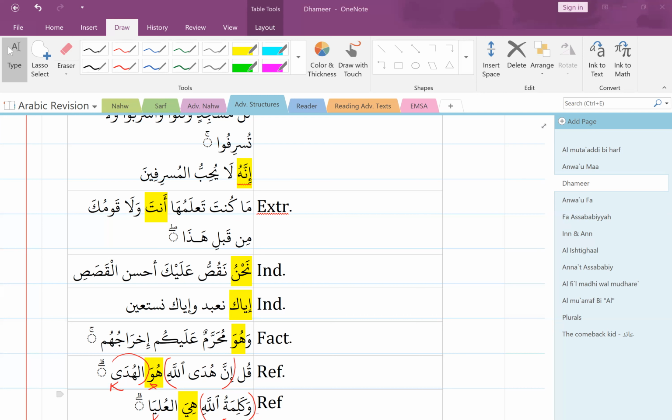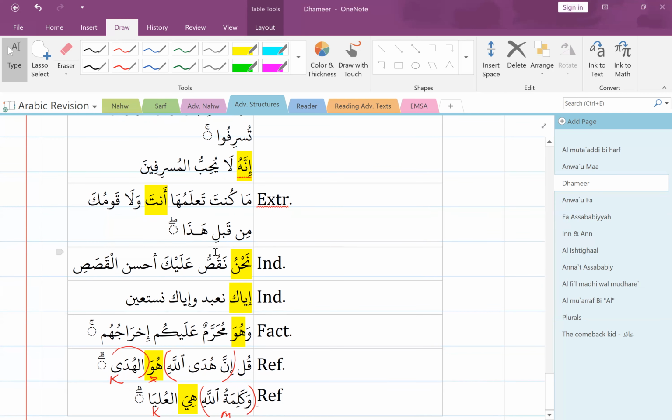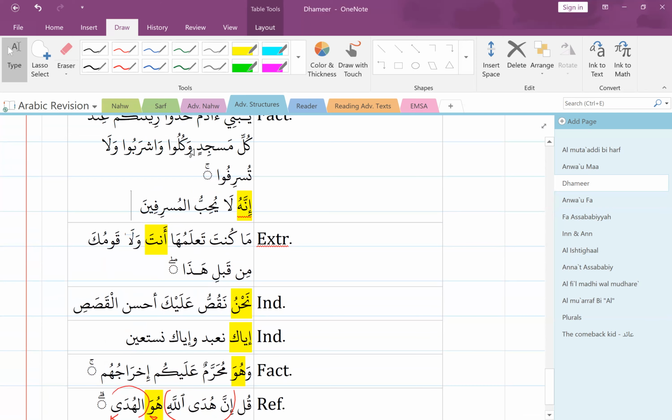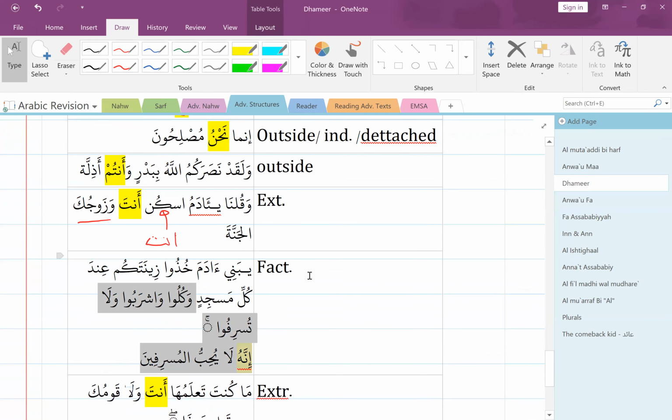Okay, so basically they haven't mentioned that it's ضمير شأن. I've just checked maybe 2, but you guys can also help me and check more, if it is really fact of the matter or it's just an attached pronoun. Could be just attached.